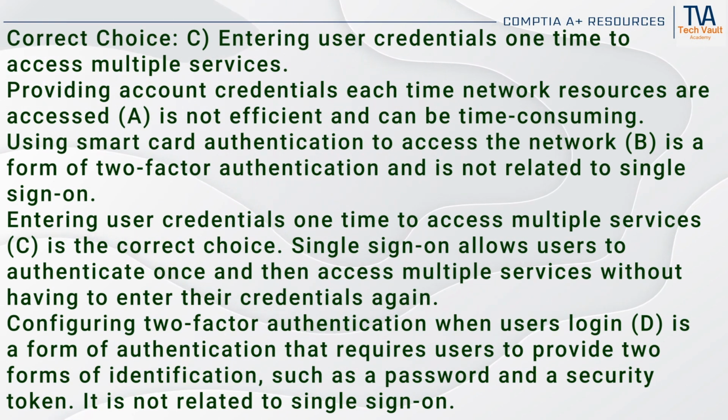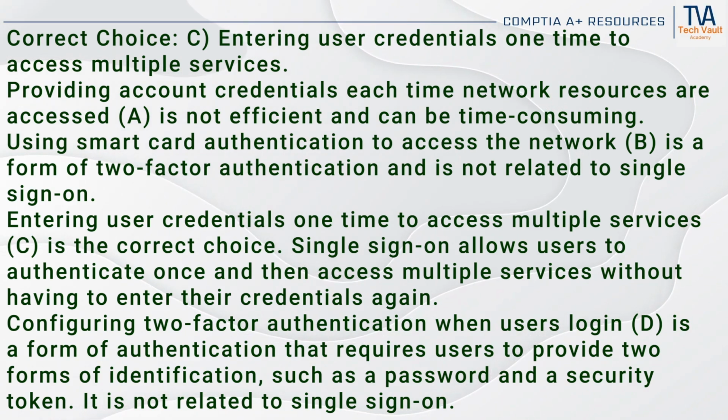Correct choice, C, entering user credentials one time to access multiple services. Providing account credentials each time network resources are accessed, A, is not efficient and can be time-consuming. Using smart card authentication to access the network, B, is a form of two-factor authentication and is not related to single sign-on. Entering user credentials one time to access multiple services, C, is the correct choice.